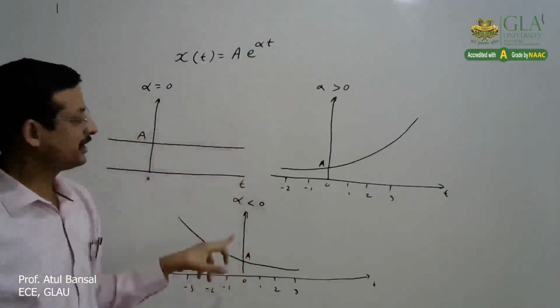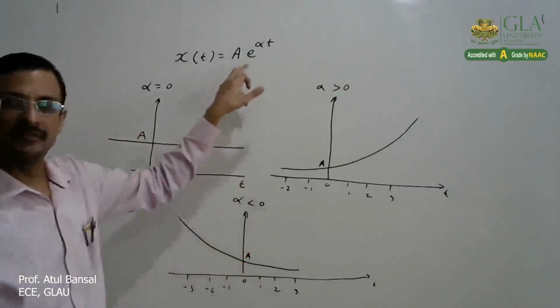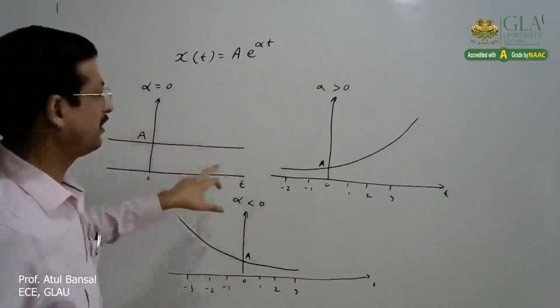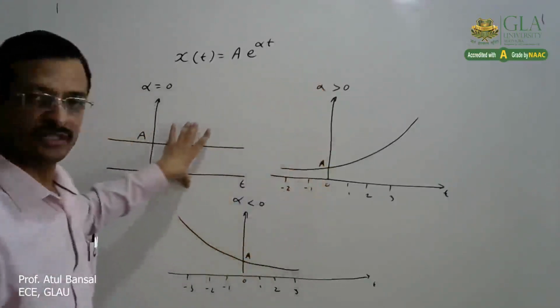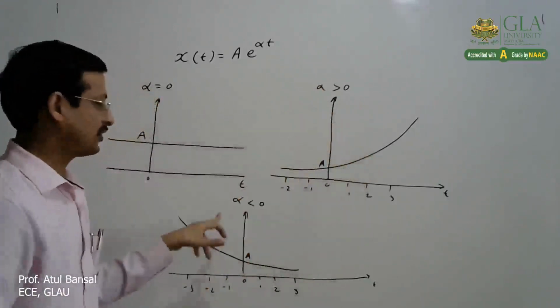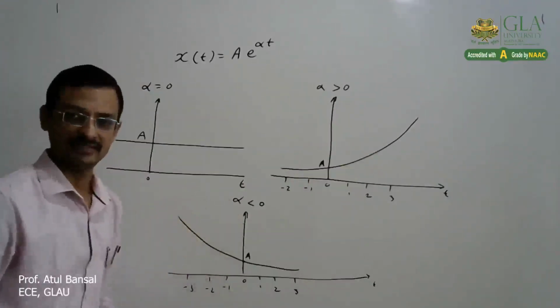So depending upon the three conditions of alpha, the continuous time real exponential signal defined by A e raised to alpha t can look like this: a constant when alpha is 0, exponentially growing when alpha is greater than 0, and exponentially decaying when alpha is less than 0.